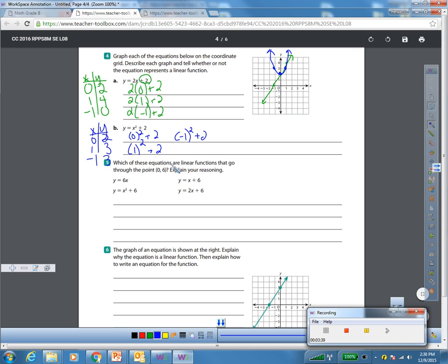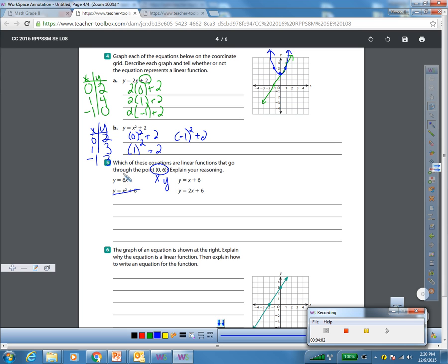Number 5, which of these equations are linear functions that go through 0, 6? Explain your reasoning. So right away I know this one's not it, because it's not linear. It has something squared. These next ones are linear, but we want to see if they go through 0, 6. So I'm checking to see if when I plug in 0 for the x, does y come out as 6?